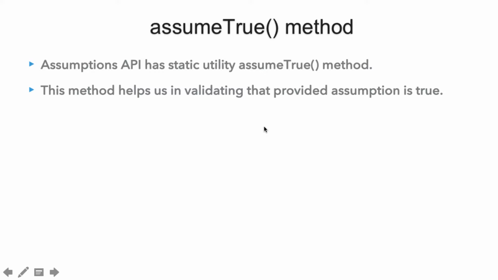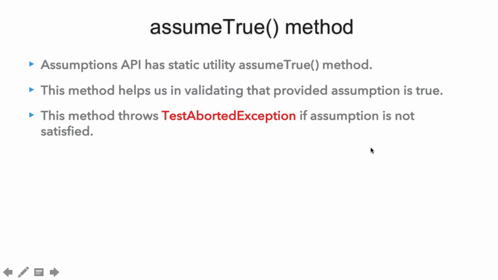Also friends, in our last lecture we discussed assumptions. We saw that those are the preconditions that need to be satisfied for the further execution of the test case. So here the assumeTrue method helps us in validating that the provided assumption is true.